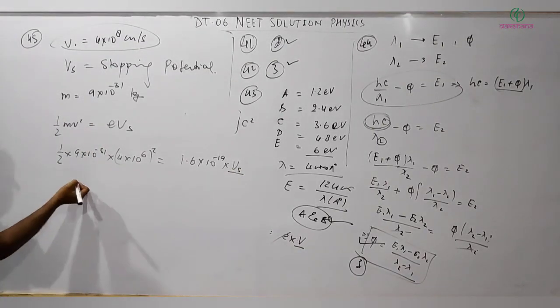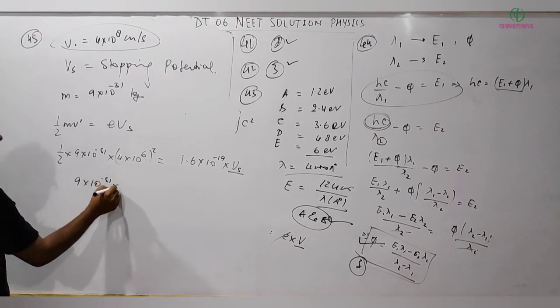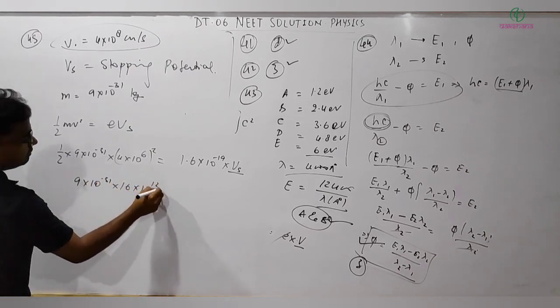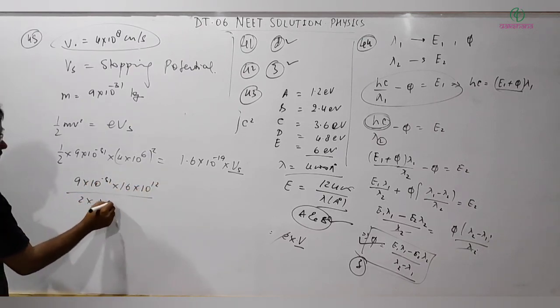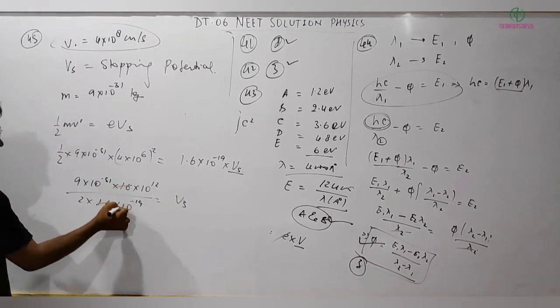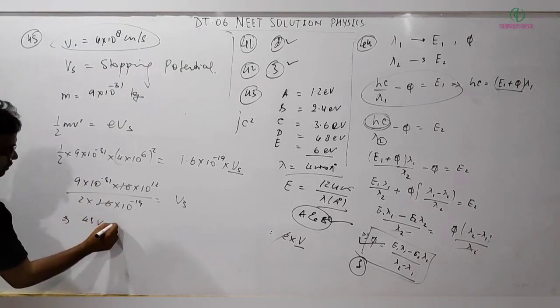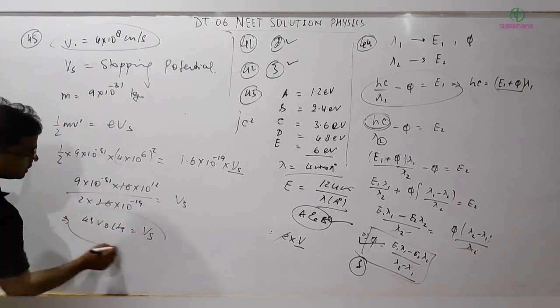Simplifying, 9 into 10 to the power minus 31 into 16 into 10 to the power 12 divided by 2 into 1.6 into 10 to the power minus 19 is equal to V stopping potential. Simplifying it, it comes out to be 45 volts. This is the stopping potential.